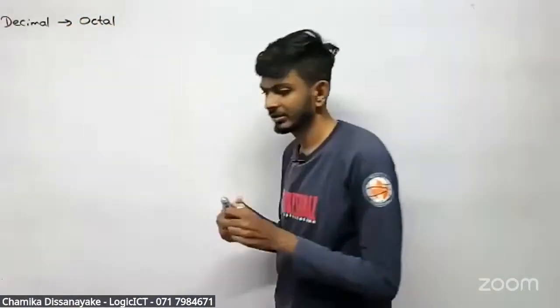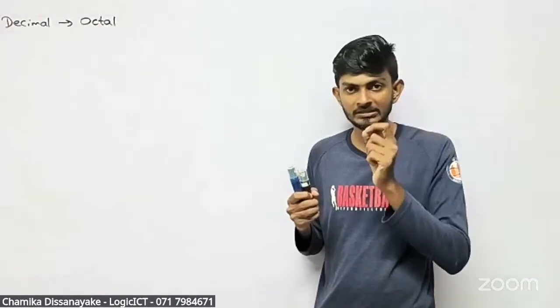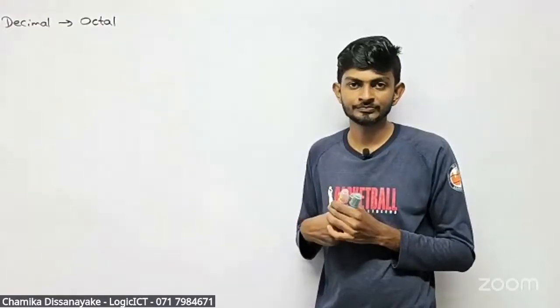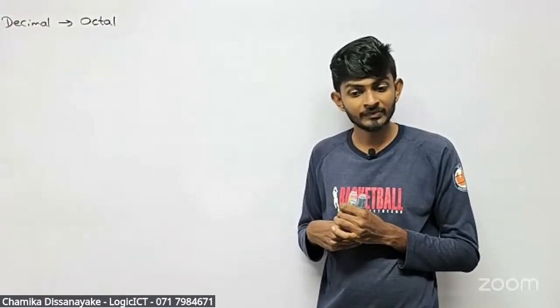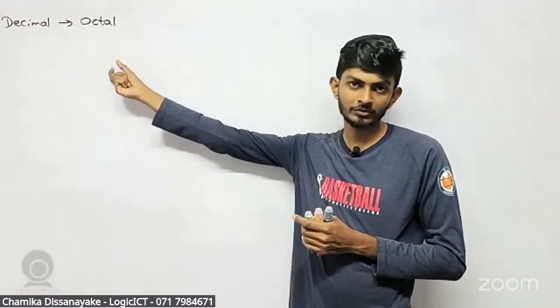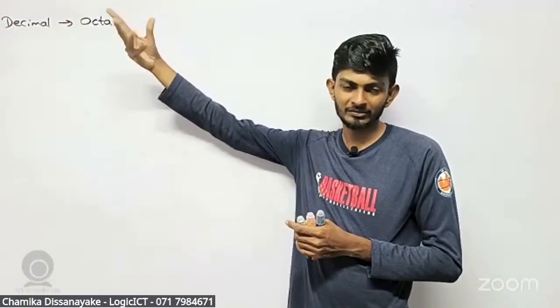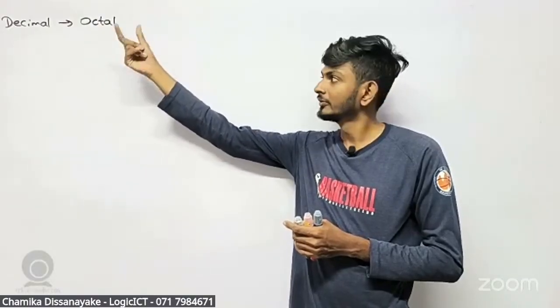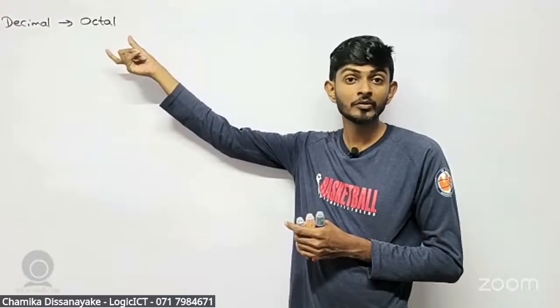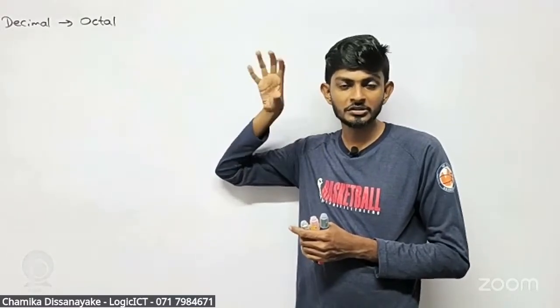Actually, guys, we have learned one method in the previous conversion. What is the method? We had a decimal number, and what we did was convert that number into binary form, that means the second base.